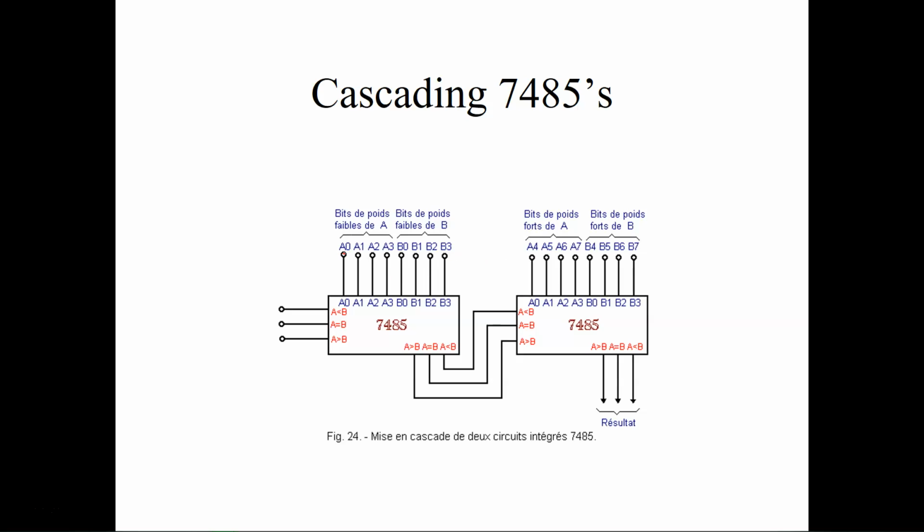So the first thing they've got is A0 through 3, and they have 4 through 7, and same for B. So what they're doing is trying to compare A to B with these different inputs.